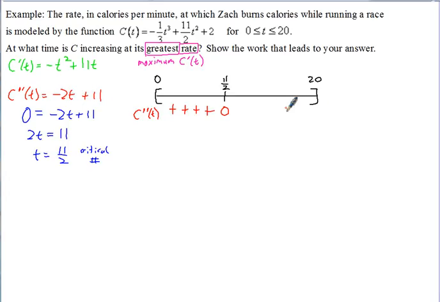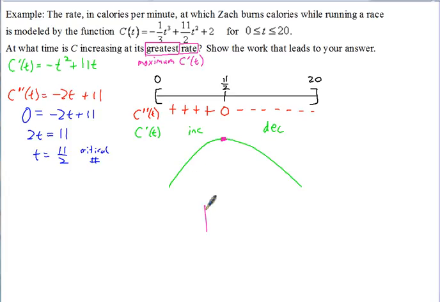You can test 20, and I'll make c double prime negative. So what this shows us is c prime of t would be increasing and then decreasing. So you can see the maximum of c prime would have to be at 11 over 2.